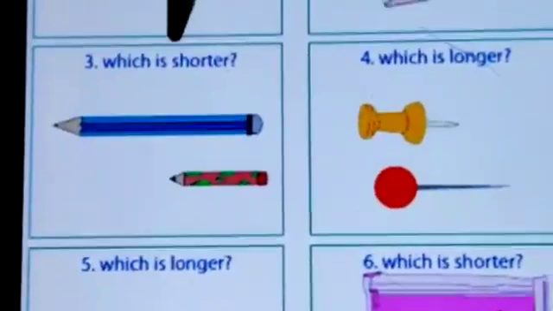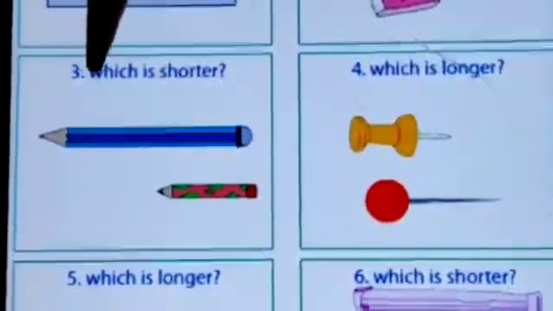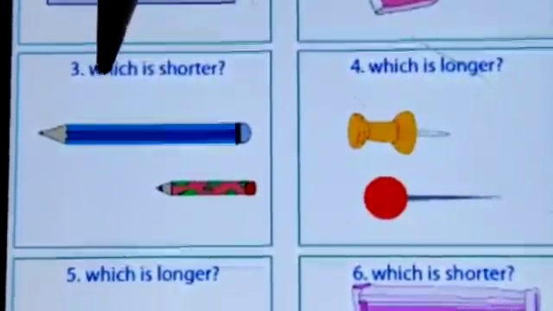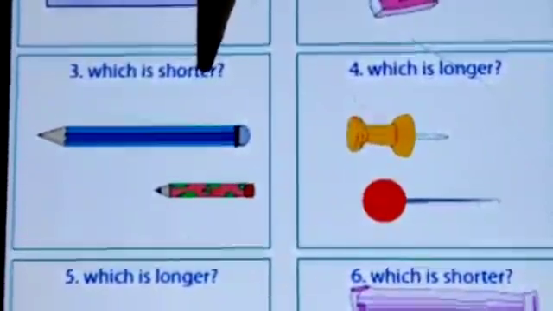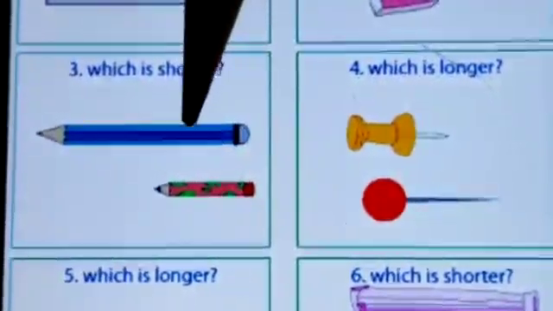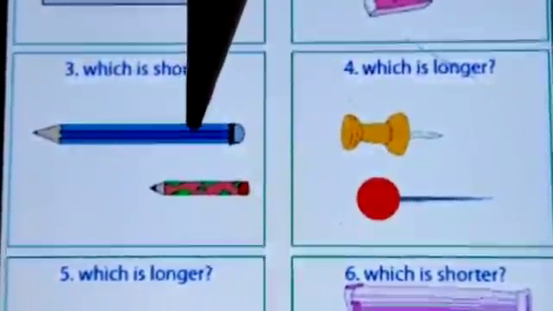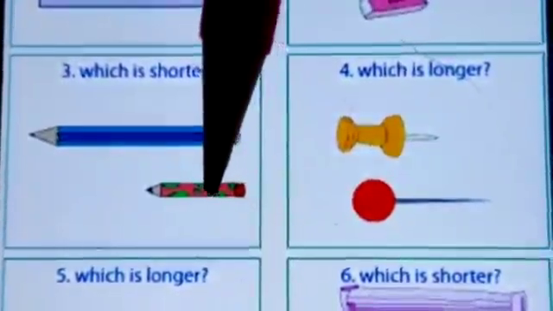Good. Now these are pencils. What is the question? Which is shorter? Now tell me which one is shorter, this blue one or this? Is this shorter? No. Is this shorter? Yes.